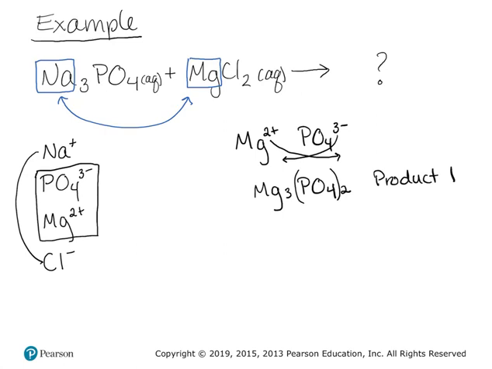Okay, so now let's figure out our other product. Sodium is going to team up with the chloride ion. And what is our formula there? Well, luckily the charge is already balanced, so it's just NaCl. So that's product 2.